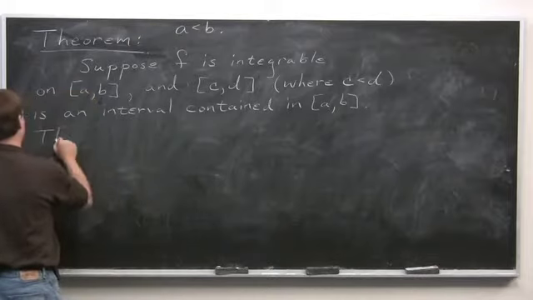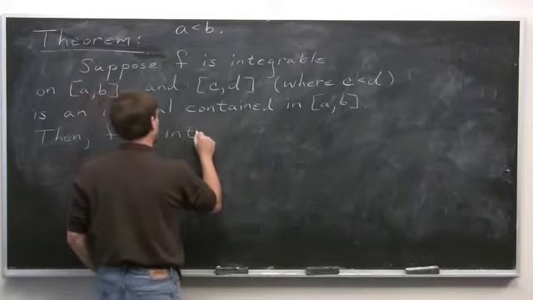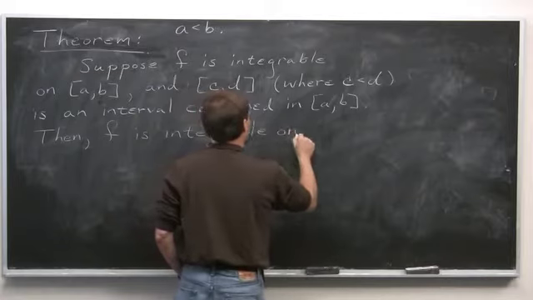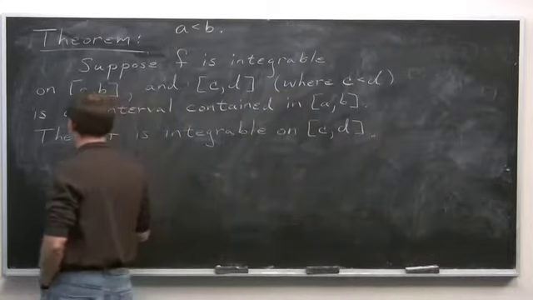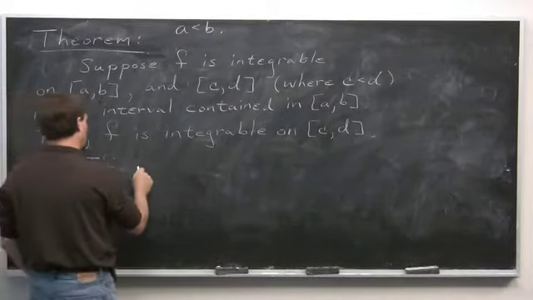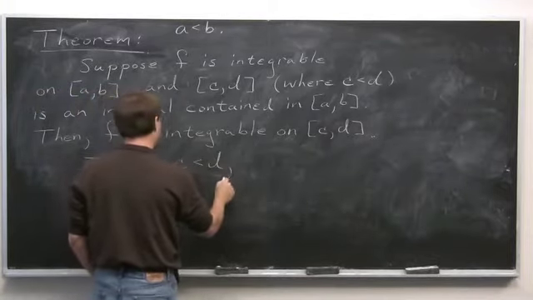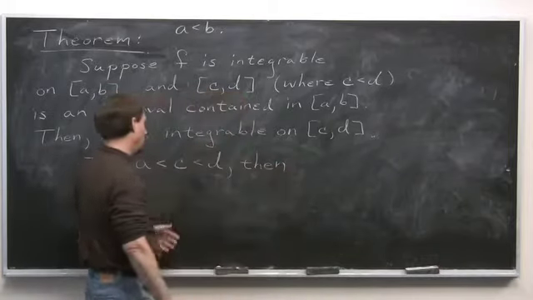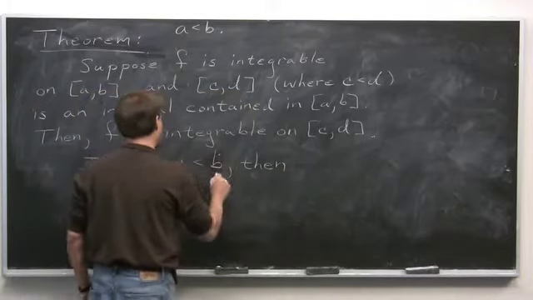Then f is integrable on [c, d]. Also, part of this, if a is less than c is less than, well, I meant b, a is less than c is less than b.